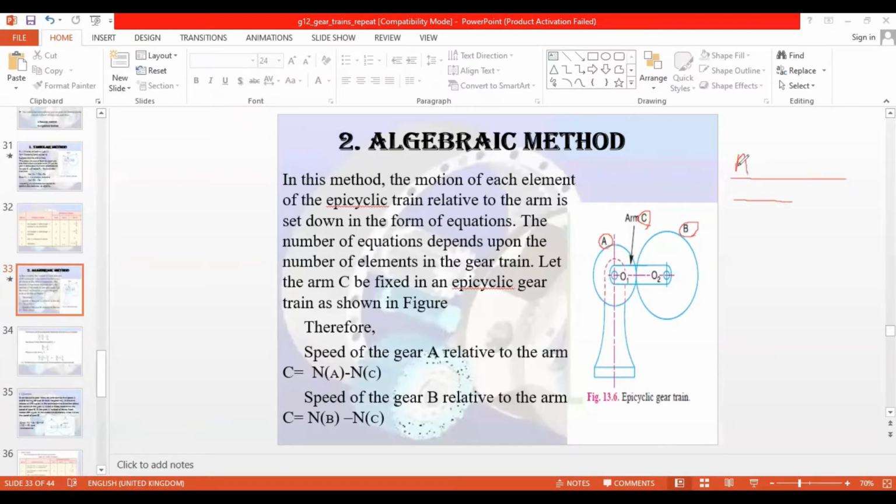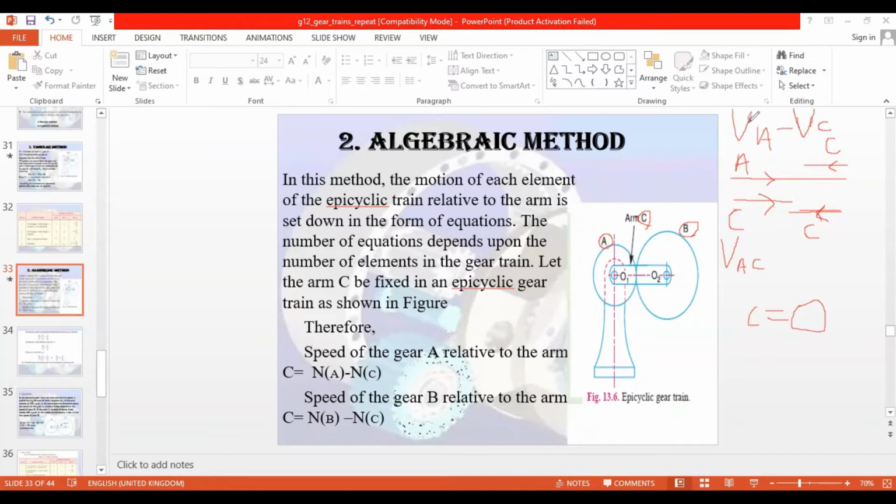If this is the velocity of A, and this is the velocity of C, in order to find the velocity of A with respect to C, we apply an opposite, same velocity to C and to A. Applying the opposite velocity to C makes C equal to 0. Here I apply the same to A, so A has velocity VA this way and the velocity of C acts in the opposite direction, so it is subtracted.